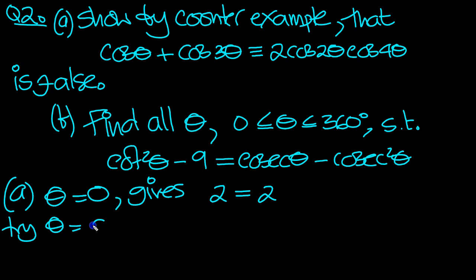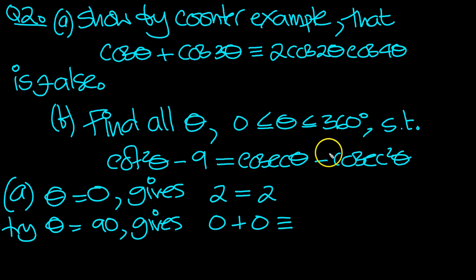Try theta equals 90 degrees then, see what we get. So cos 90 is 0. Cos 270 is also 0, isn't it? Is that equivalent then to cos 180, which is minus 1?